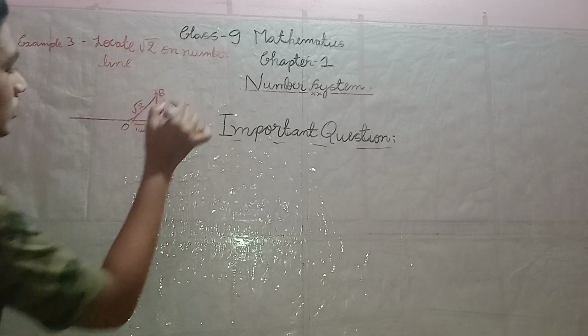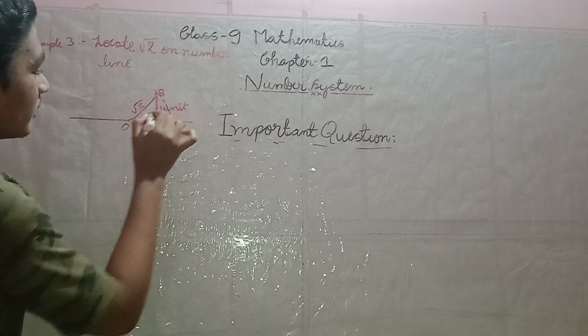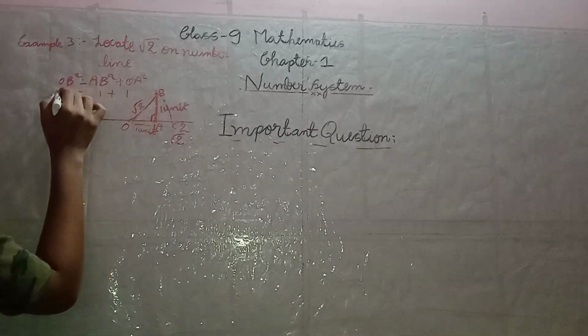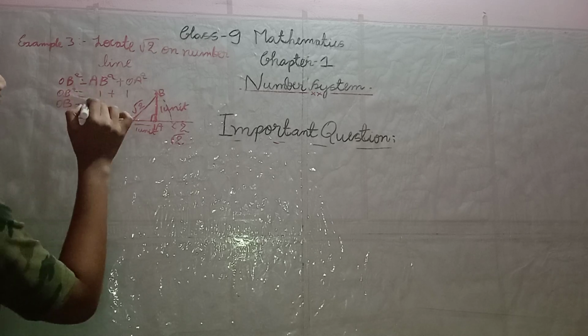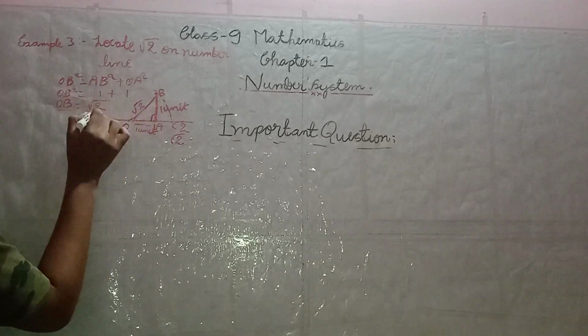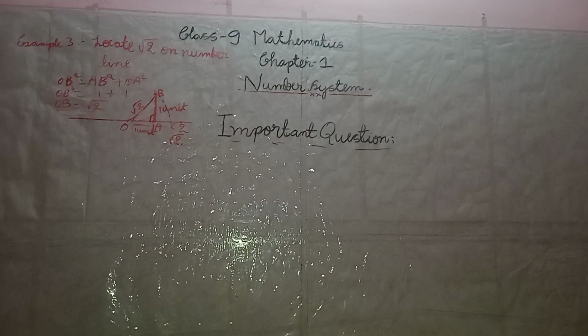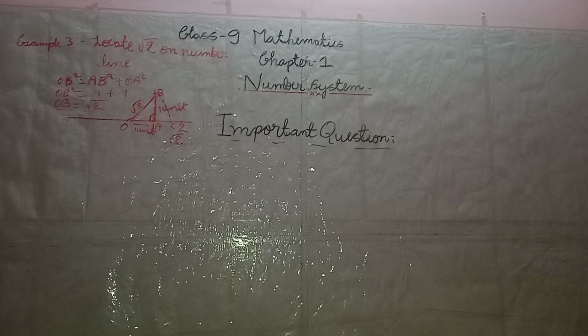Let us check how we get it, by using the Pythagoras theorem: OB square is equal to AB square plus OA square, that is 1 square is 1 plus 1 square is 1, so OB square is 2. To find the length of OB, the square root of 1 plus 1 is root 2, which is the required length of OB. Next, let us go on to the next important question.